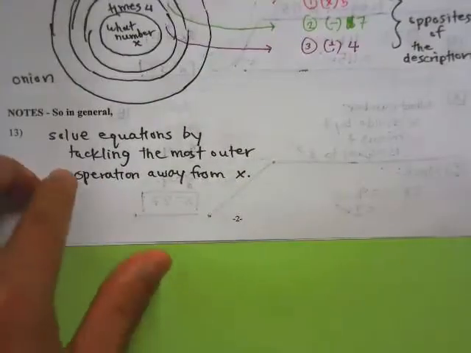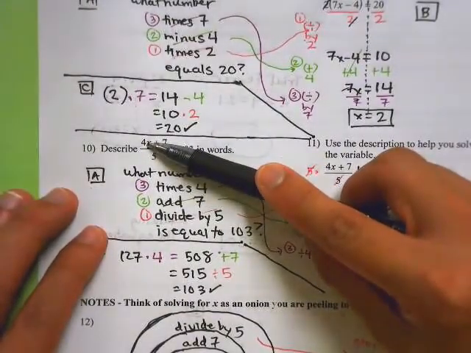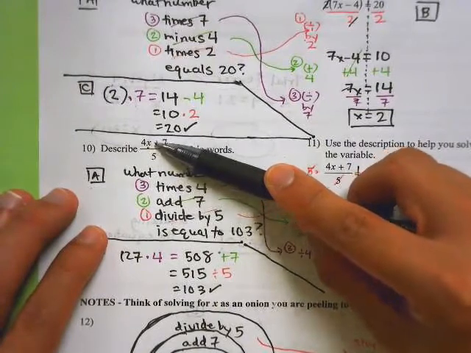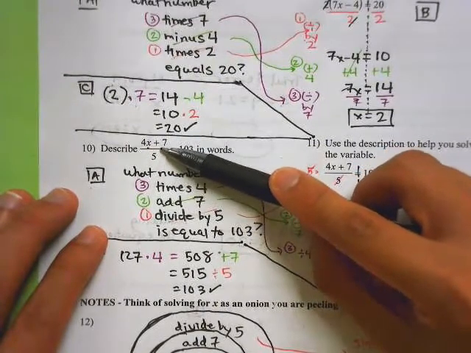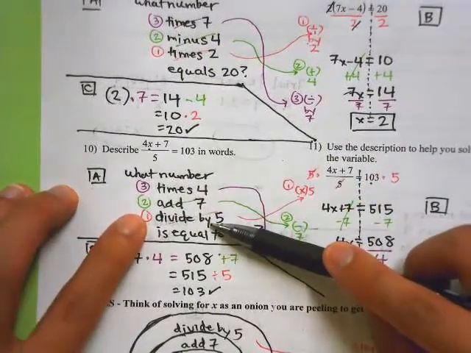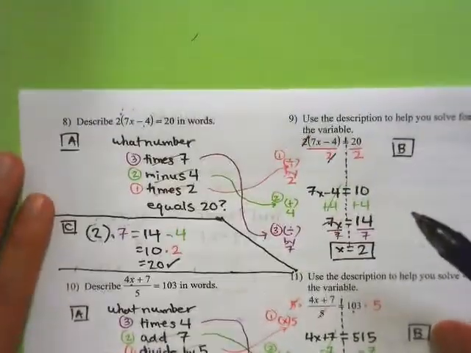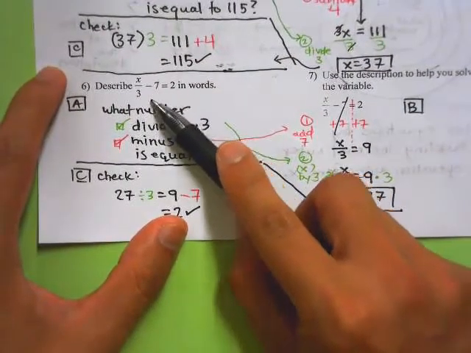What I mean by this is, if we take a look at number 10, the times 4 is still by the x. The plus 7 is still by the x, but the one that's really outside is this divide by 5. That's the most outer operation, and you're going to tackle that first, okay? When we take a look at number 6, look at your most outer operation.